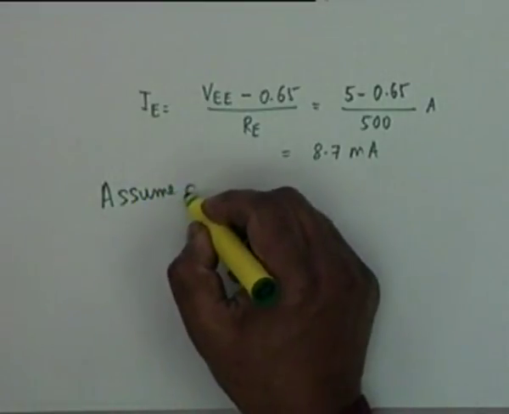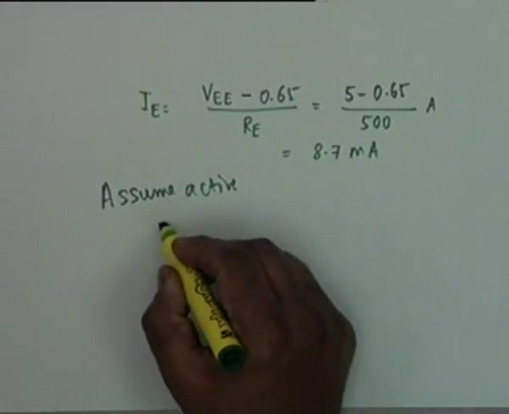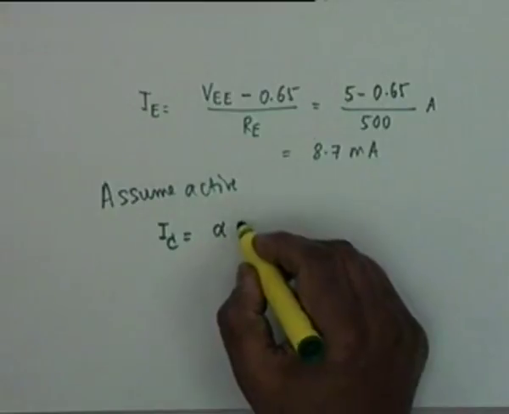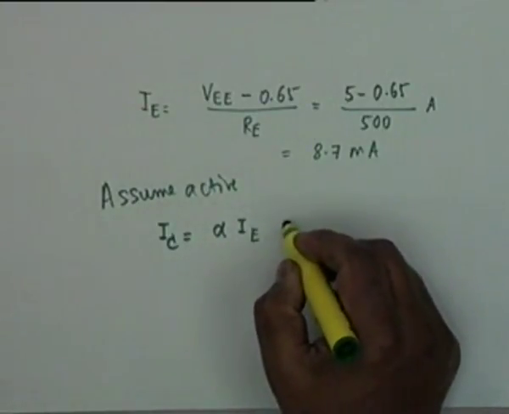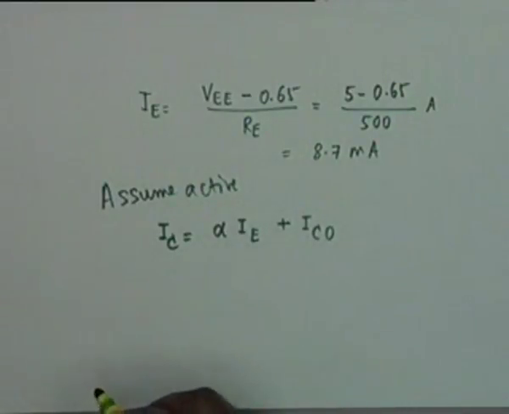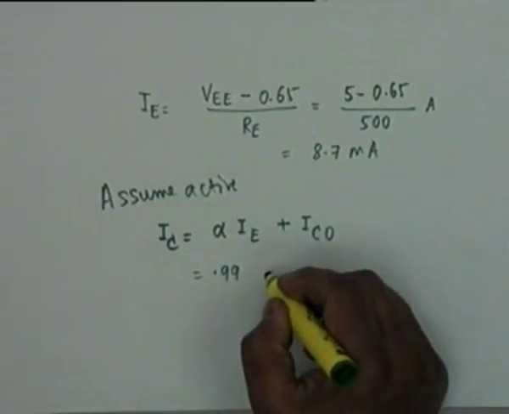Assume active mode. If that is so, then I sub C, the collector current, would be alpha I sub E plus ICO. Okay, and you see that alpha is 0.99, this is given.